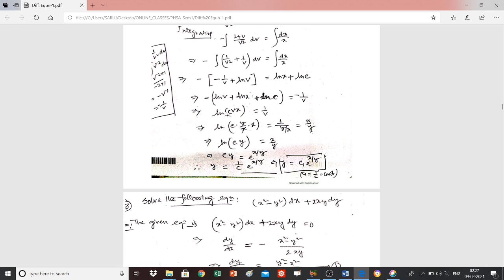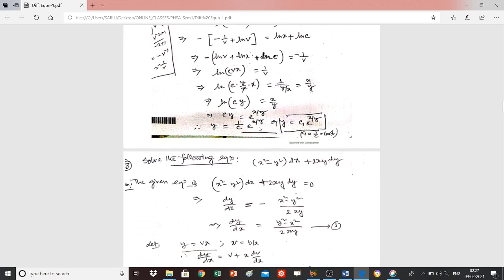So from here you can write log of cvx is equal to 1 by v, and you just substitute here the value of v as y by x. After substituting the value of v, you finally get y is equal to 1 by c e to the power xy. Or from here y is equal to c1 e to the power xy, where c1 is another constant, that is nothing but 1 by c. So this is the solution.